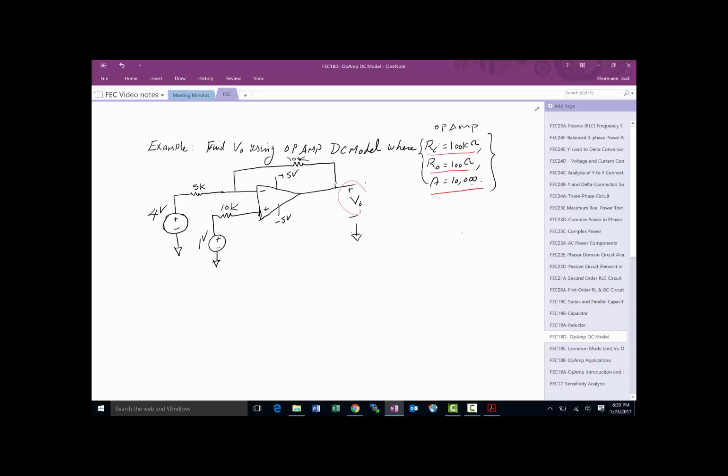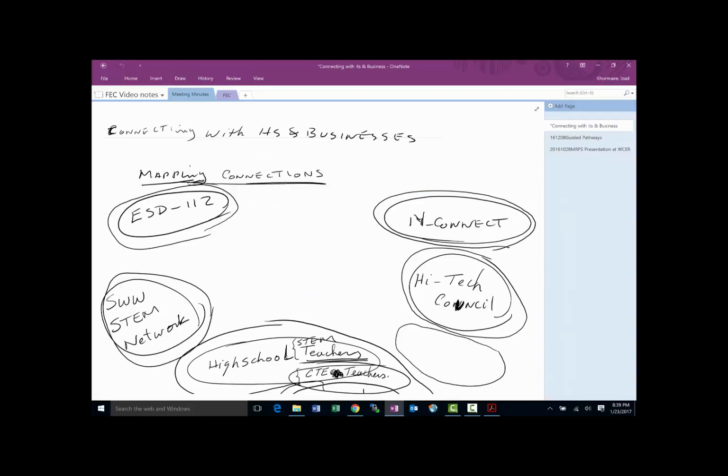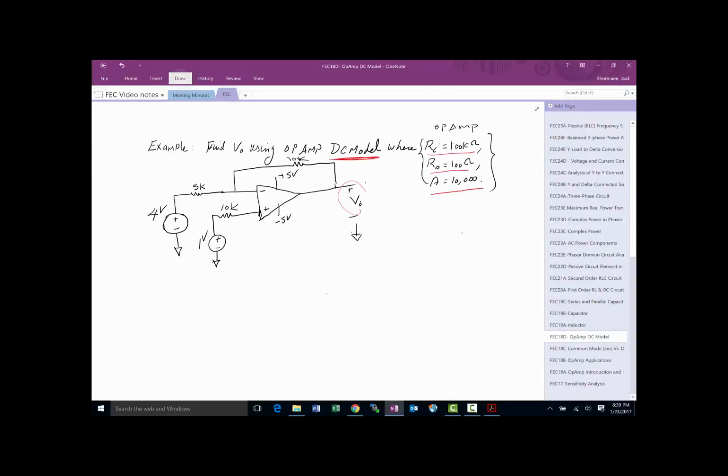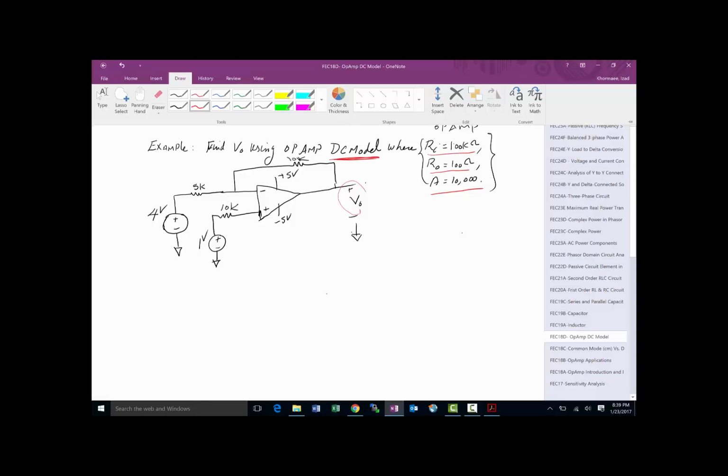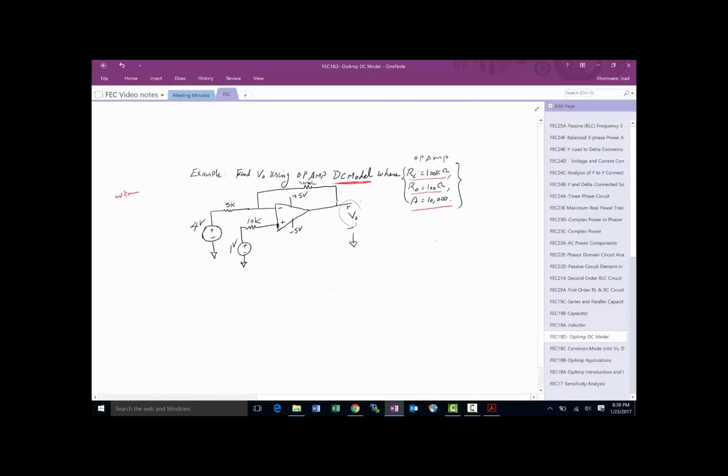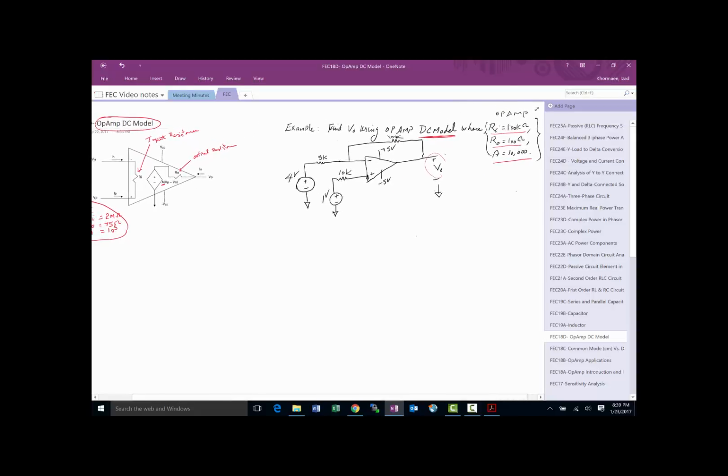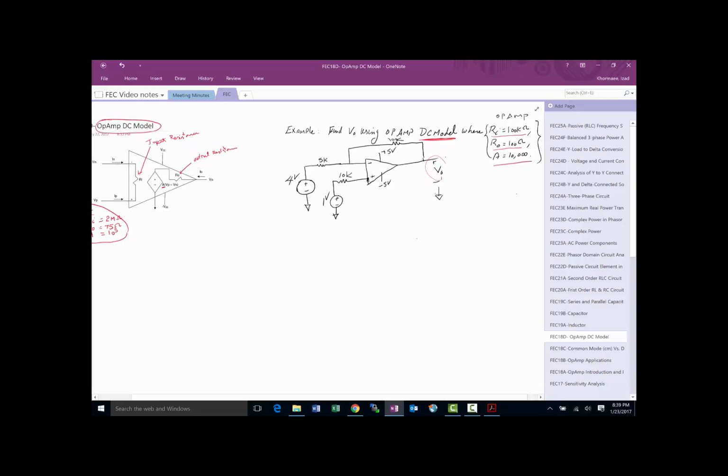Now, if I was doing the ideal OpAmp, of course, it would be a different path, but now they want me to use the DC model. To do that, we're going to go to draw. Let me bring the whole thing back a little more precise. So what we're going to do is replace the OpAmp with the model in here.